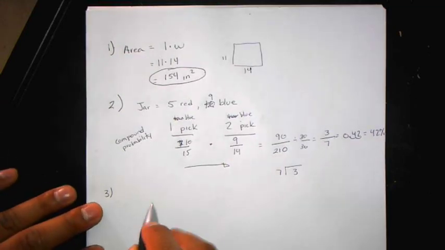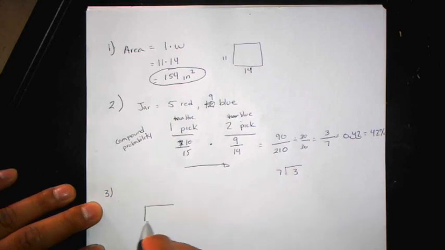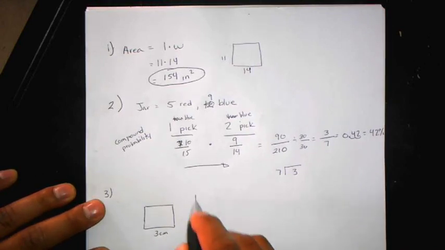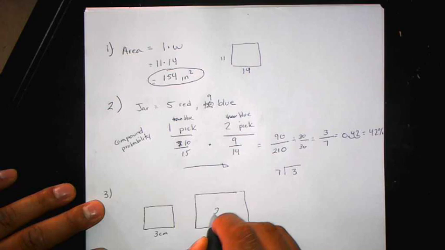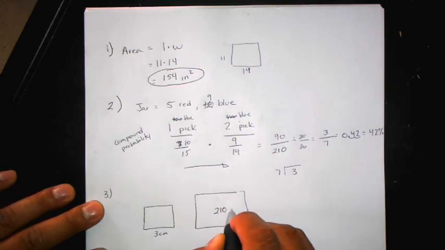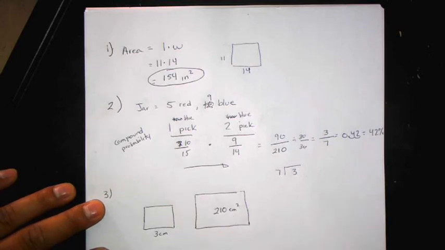So I have one small rectangle who has a width of 3 centimeters, and I have one large rectangle whose area is 210 centimeters squared, but also has the width of 15 centimeters.